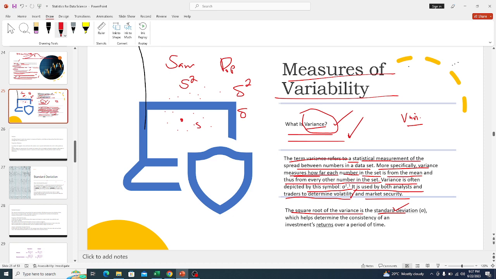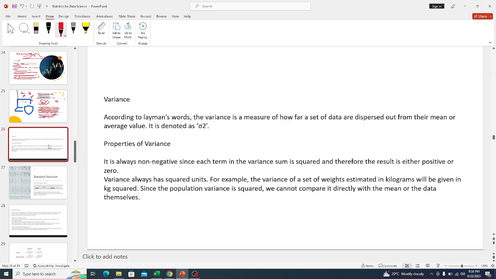Good. The square root of variance is the standard deviation, which helps determine the consistency of an investment's return over a period of what? Over a period of time.